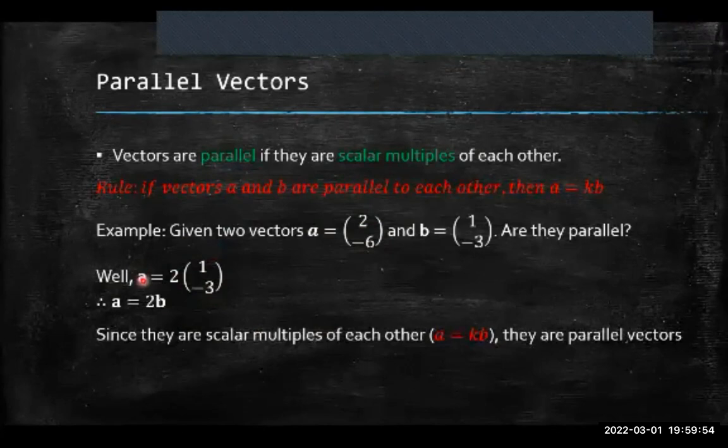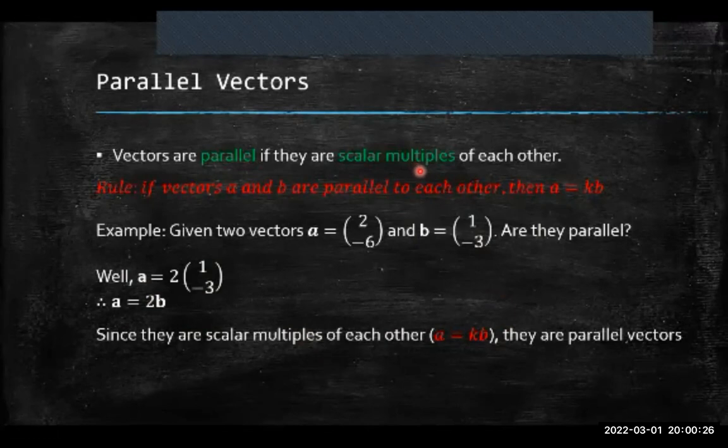From this, we can say vector A is the same as 2 by vector B, because vector B is given as 1, -3. So A is equal to 2B. This is in the form A equals kB. Since they are scalar multiples of each other, these are in fact parallel vectors. Do you understand that?